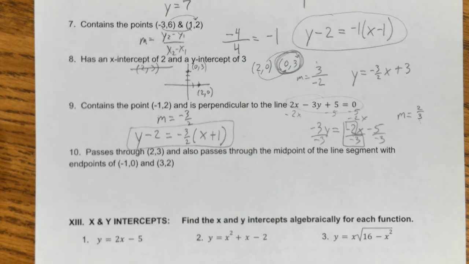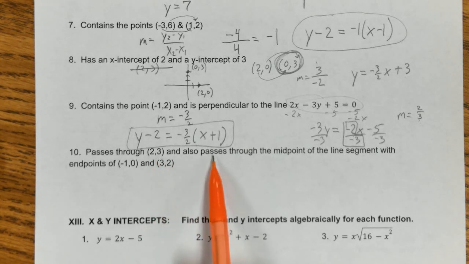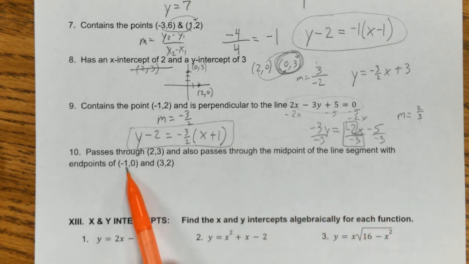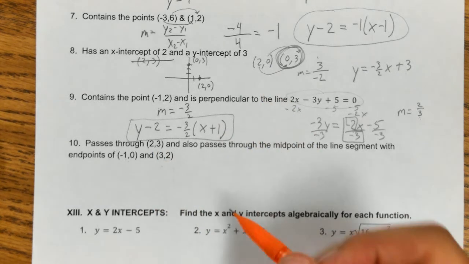The last one is quite a bit more work. So we have that it passes through 2, 3, and also passes through the midpoint of the line segment with endpoints negative 1, 0, and 3, 2. So we need to first find the midpoint of these two, and then we have our 2 points, and then we got to do the same thing that we did up above.